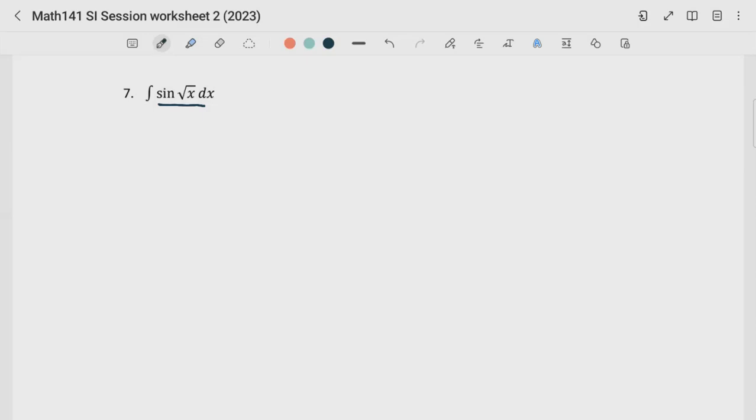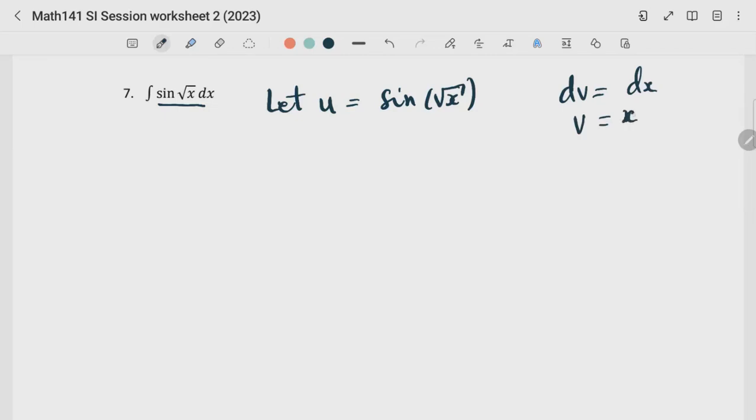Let u equal sine root x and dv equal dx. Okay, let's try that. So we're using integration by parts. So let u be equal to sine root x and dv be equal to dx, meaning that v is equal to x, right?